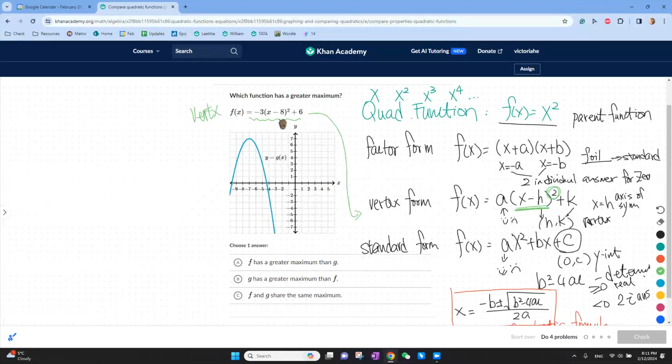So based on that, just by looking, what would be my vertex? Your vertex is going to be 3. Vertex is still h and k.